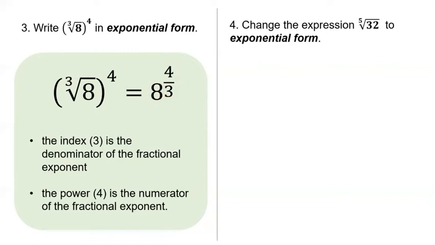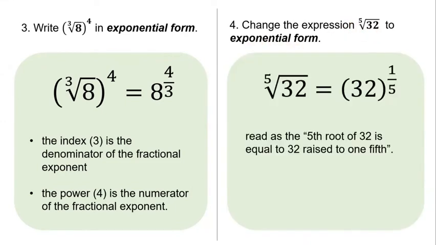Let us have example 4. Write the fifth root of 32 in exponential form. I-apply lang natin ulit yung natutunan natin kanina. So, we have radical na 32 dito sa ating base. Wala tayong nakikitang exponent dito sa ating radical. Kaya isulat lang natin yung 1 dito sa numerator of the exponent.